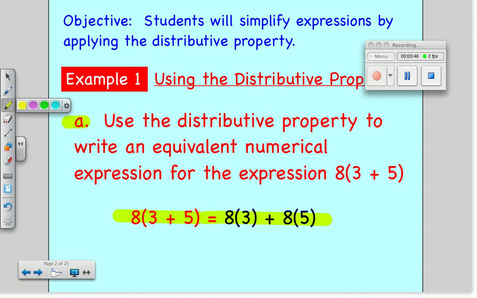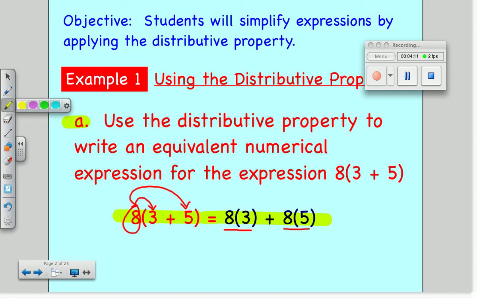That's distribution. So distributive, what are we passing out here? What are we distributing? Basically, we're distributing the number 8 here to the 3, and then we're distributing it to the 5. So we're multiplying the 8 times the 3, and then we're multiplying the 8 again times the 5. So that's our distribution.